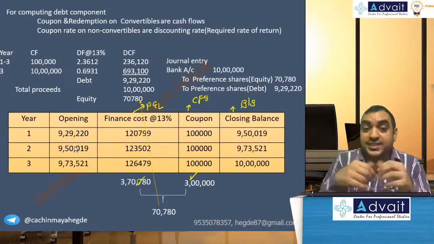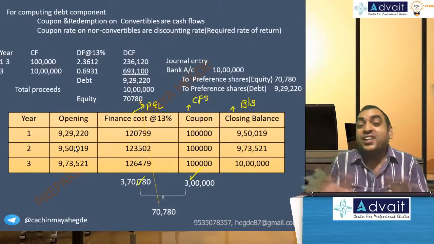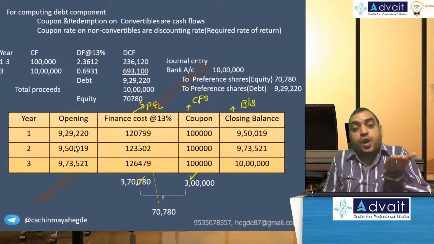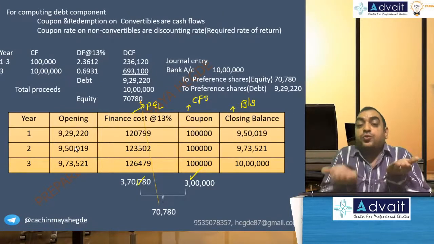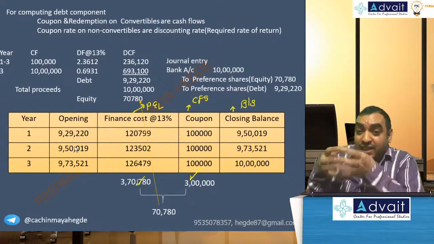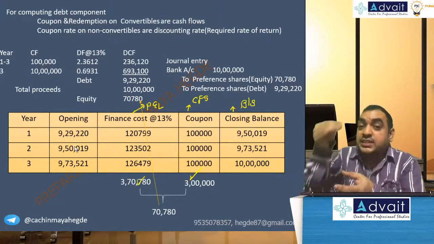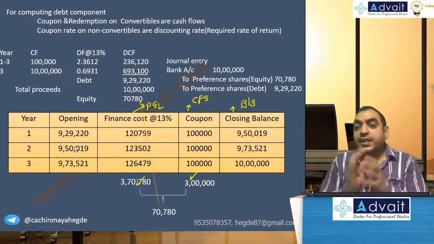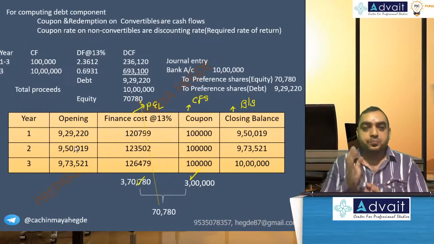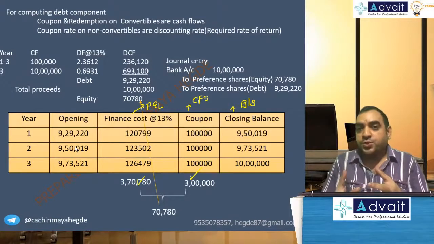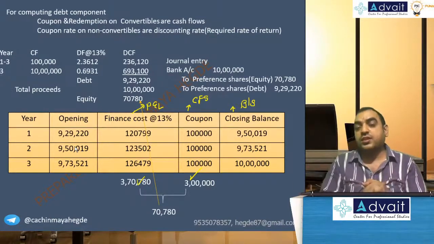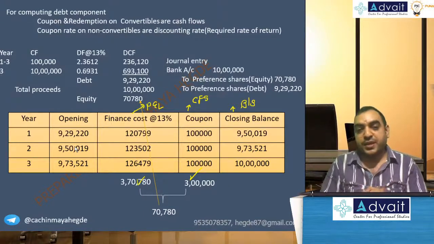The 3% savings you do, don't net it off. Show the expense higher and transfer it to other equity, because this other equity represents the value of the conversion option. If you understand the nature of options, for a call option the writer has to receive a premium. This is the amount which is received as premium.